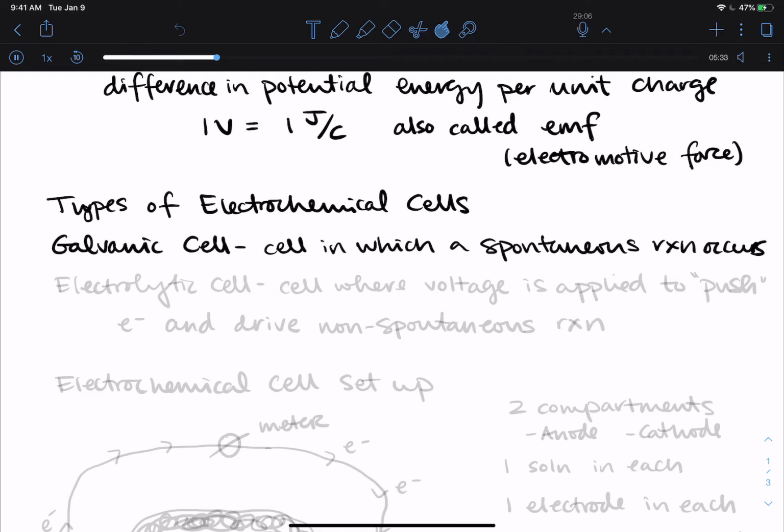And the other type of cell is an electrolytic cell, which hopefully from how we have defined galvanic cell, you can figure out what this is. But this is a cell where voltage is applied to push electrons and drive a non-spontaneous reaction.